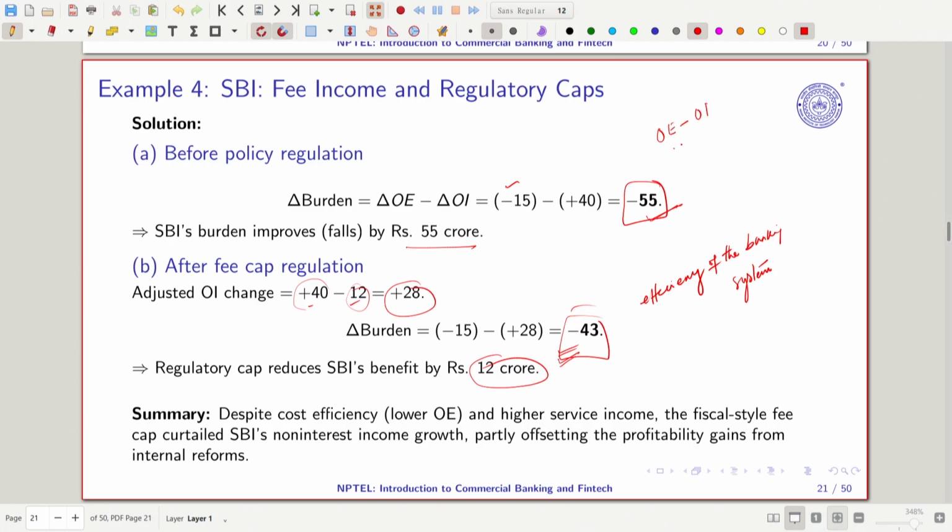If it is negative, it means that it is good for the bank, it is making money, right? Because if it is positive, it means that your expense is higher. So, if it is negative, it is making a profit for the bank, and if it is positive, then it means that it is incurring losses. So here in this case we are seeing that it is able to make a profit of 12 crore.